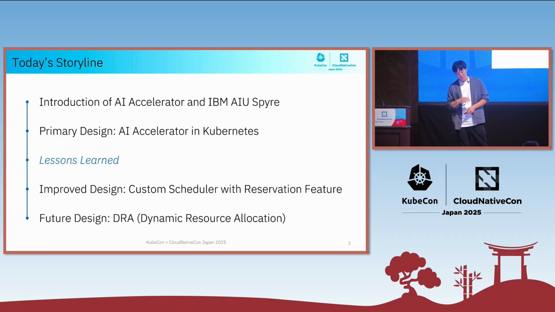First, I would like to briefly introduce the AIU accelerators. We have had many journeys and lessons learned in enabling them. We made some primary designs for enabling AI accelerators in Kubernetes, but went through many rounds and changed some designs, using custom schedulers and extended custom resource definitions.